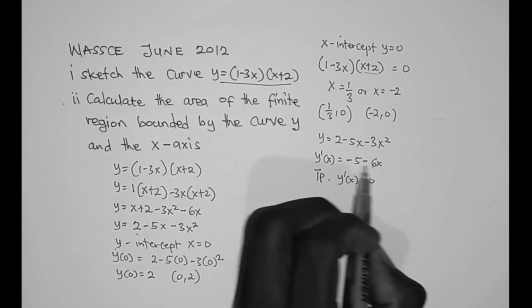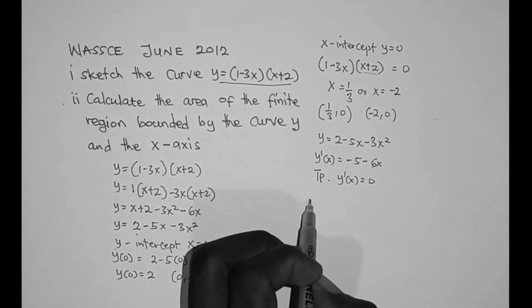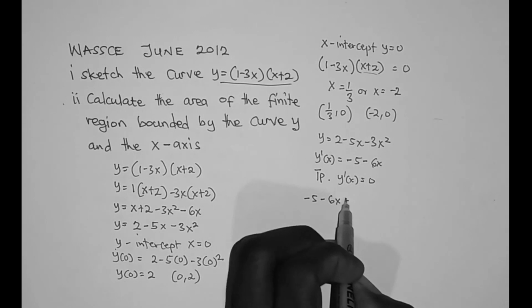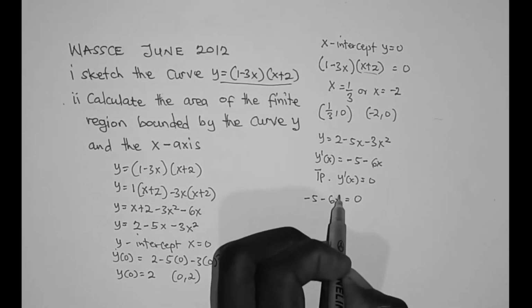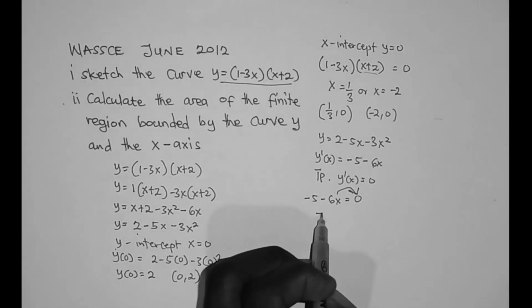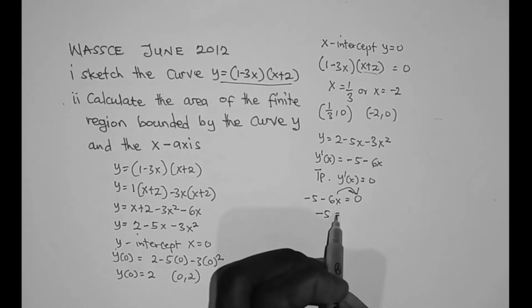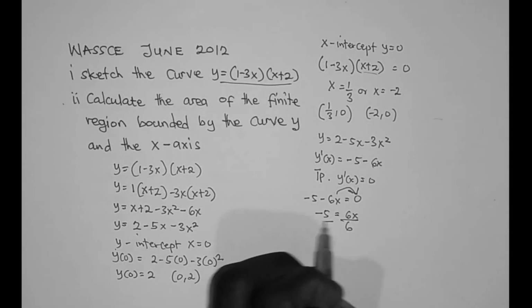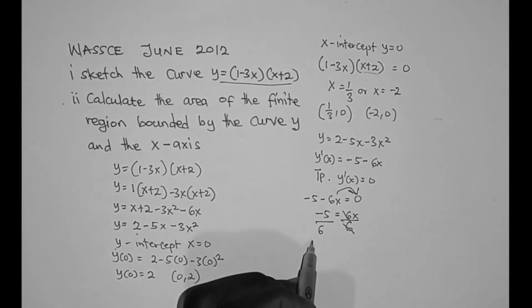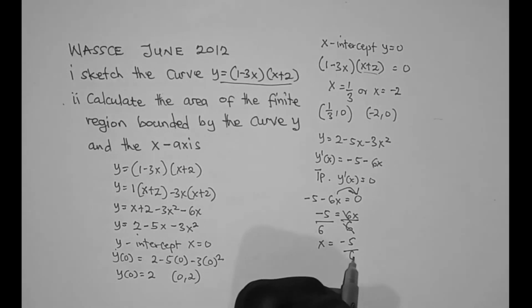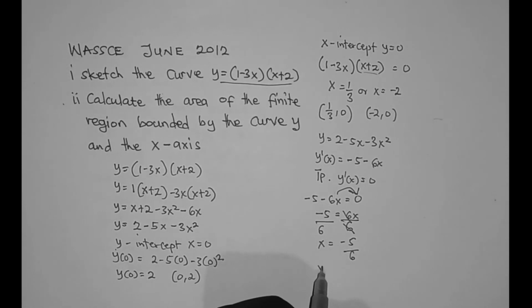So we take all of this function and equate to 0, which is minus 5 minus 6x is equal to 0. So let's take 6x to the side of the equation. Minus 5 is equal to 6x. So if we divide through by 6, we find out that x is equal to minus 5 over 6.